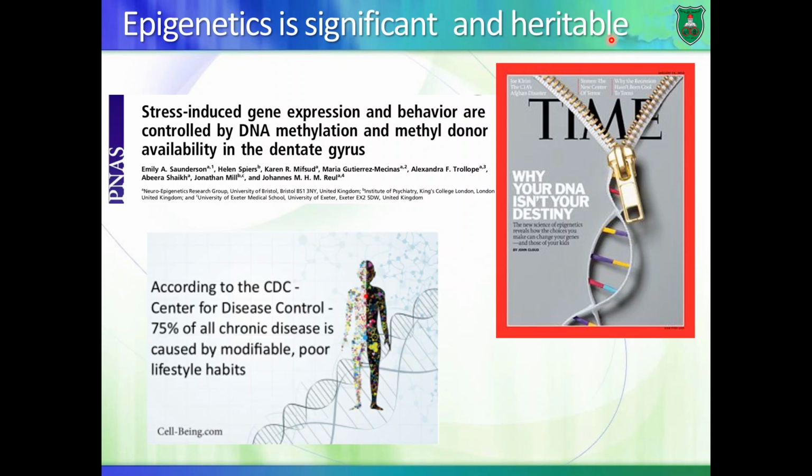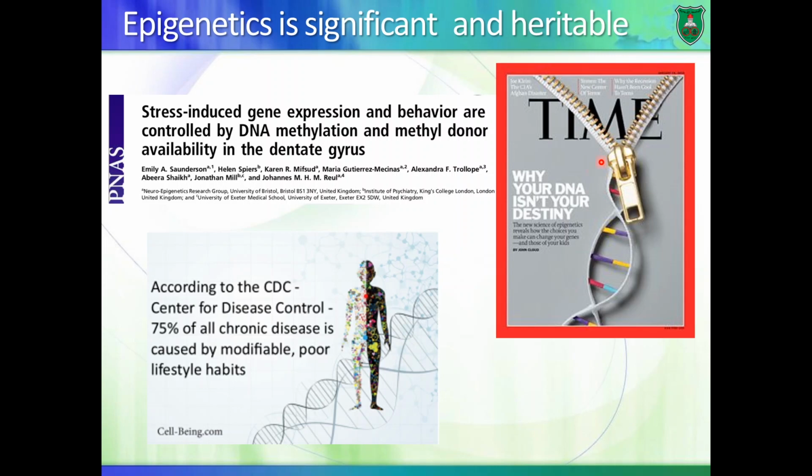Okay, so epigenetics can also be transmitted and it is heritable. So stress really can affect children, even though they would inherit the same gene, same sequence from parents, but the pattern of methylation or modification of histones and DNA would be different.